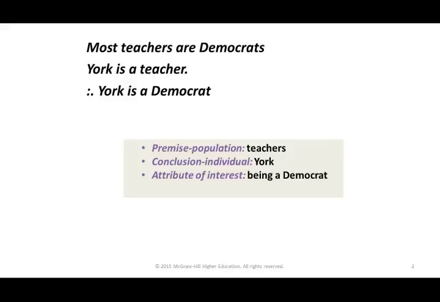Now, I'm saying of them that they have this attribute of interest, that is being Democrats, right? And now I've also got a conclusion individual, the thing that I'm attributing that attribute of interest to. We call that the conclusion individual, okay? And who's that? Well, that's going to be York, okay?